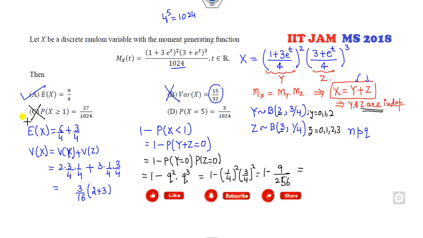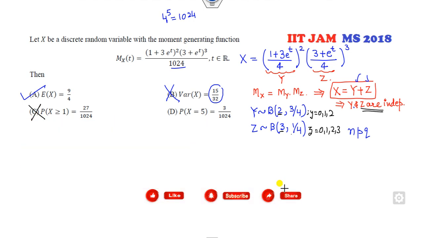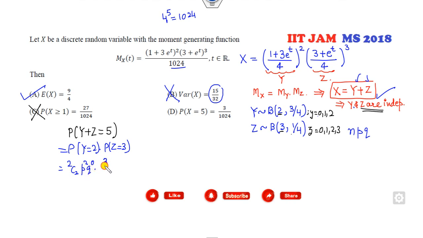Look at the last option. I can clear this screen. X is equal to 5. X equal to 5 means Y plus Z is equal to 5. So can you find the possible cases? 0, 3 is not possible. The only possible case is when Y is equal to 2 and Z is equal to 3. Because of the independent nature, I again multiply them. So what is that? 2C2 p squared q to the 0, times 3C3 p cubed q to the 0.